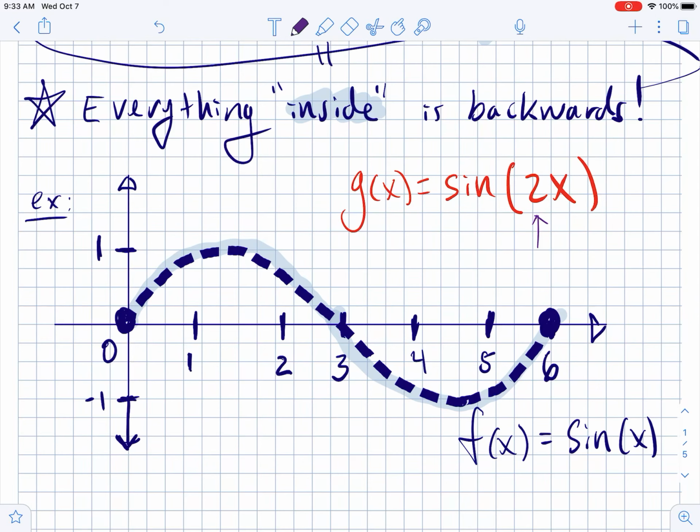Now, inside, a lot of students are like, I bet it's going to be a horizontal stretch, it's going to take that curve and make it longer, going from 0 to 12, which would make sense intuitively. But I want to remind you that the statement I'm making is everything inside works the exact opposite of the way that you think it should. So that 2 inside is actually a horizontal compression.